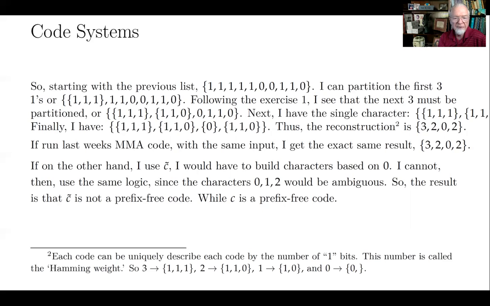Then we do a 0, and that is a unique code. So we can recognize either a 0 or a 1, and if it's a 0, there's a unique item, so you don't have to do anything about it. And that gives the 0 result. And lastly, you get the 1, 1, 0, which is 2 again. So we reconstructed the code 3202.